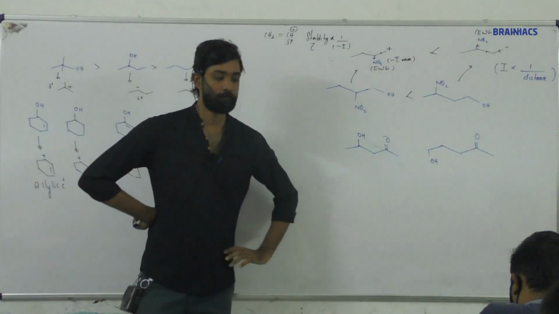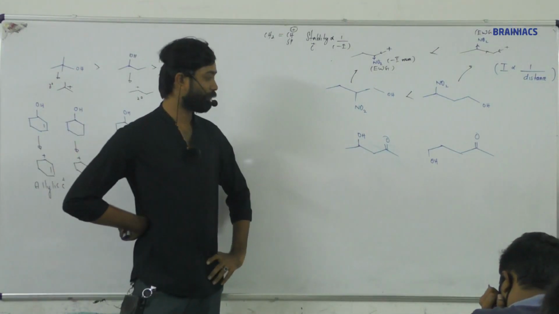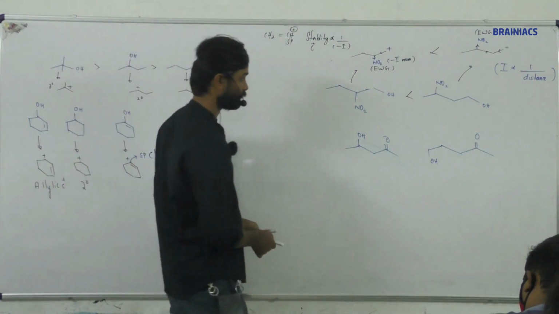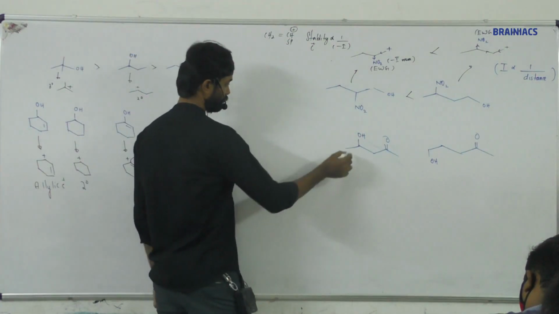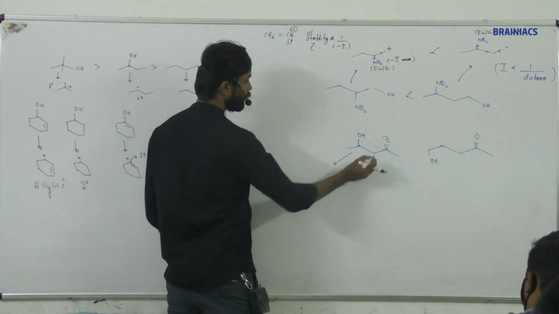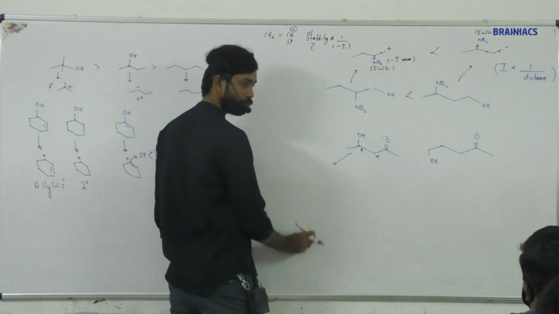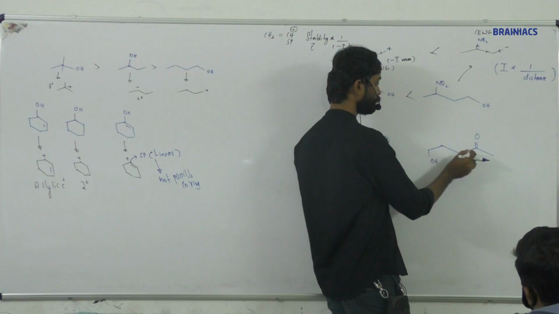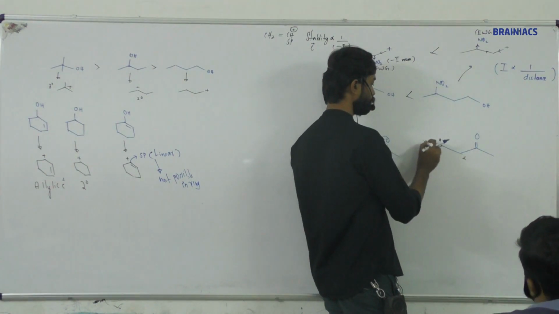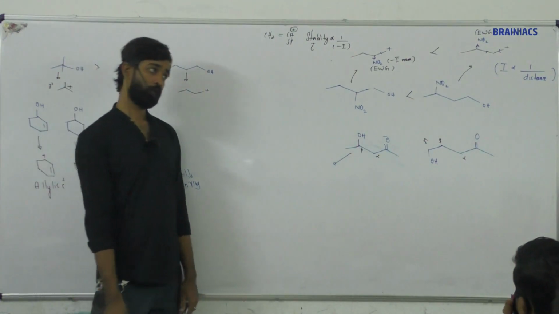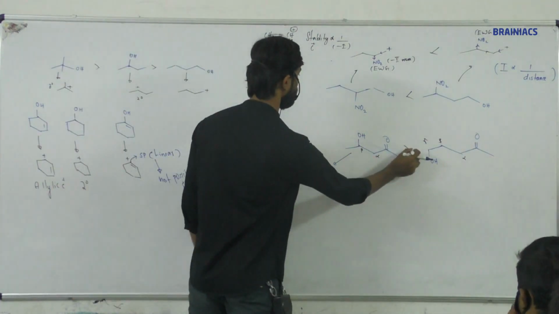What about the next? This is a beta hydroxy ketone, and this is a gamma hydroxy ketone. Which has greater dehydration capacity?